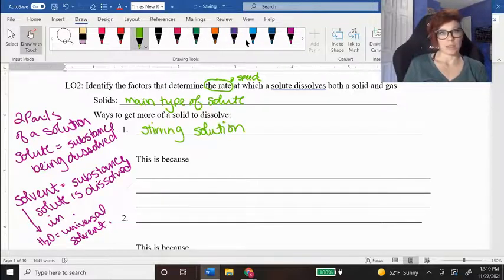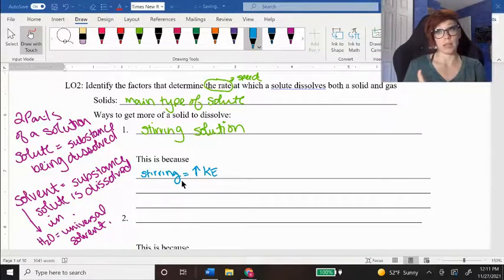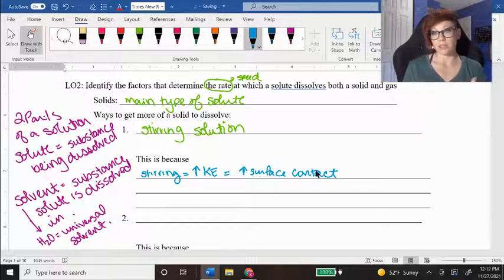Now, why does stirring a solution cause more of the solute to dissolve? If we're stirring, we're increasing the kinetic energy. So remember kinetic energy from the last unit. If we're stirring, we're increasing the kinetic energy, which means that we're increasing the surface contact. Now, dissolving anything is a surface phenomenon.